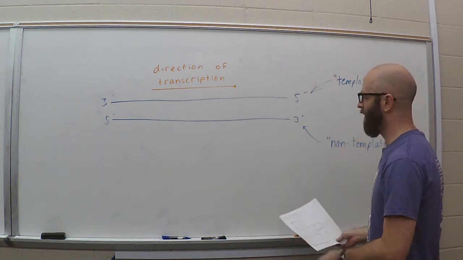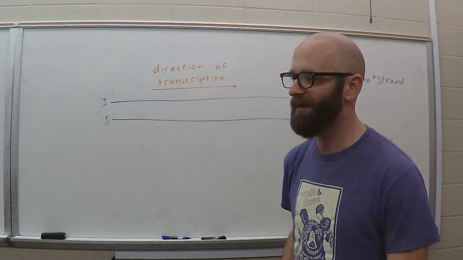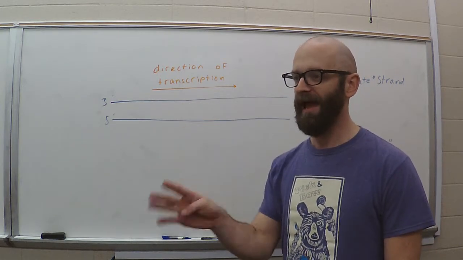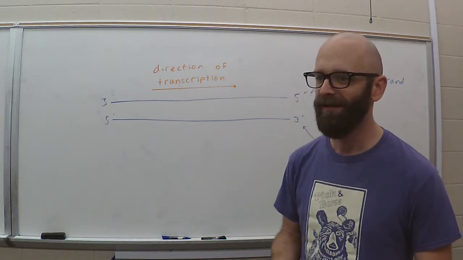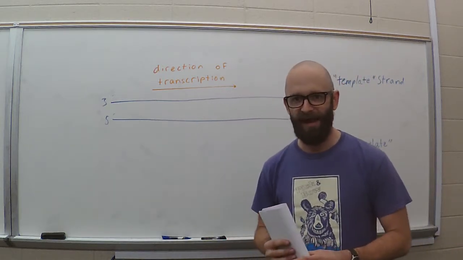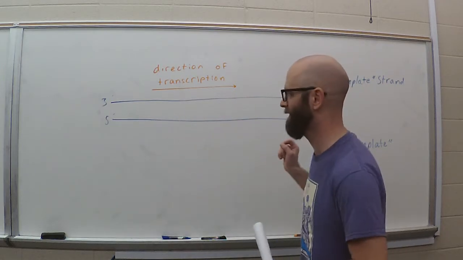And this is because RNA polymerase, just like DNA polymerase III, can only add nucleotides to the 3' end. Pretty much any time you're extending a nucleic acid strand, the new nucleotides are going to be added to the 3' end.